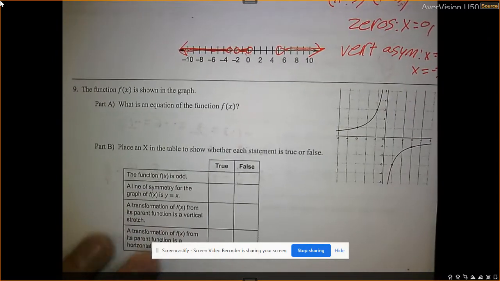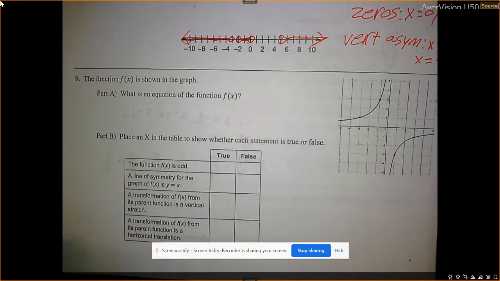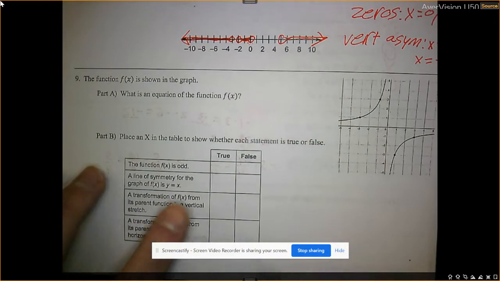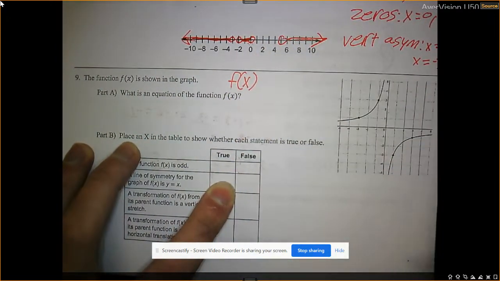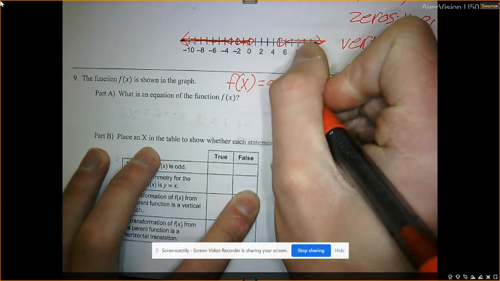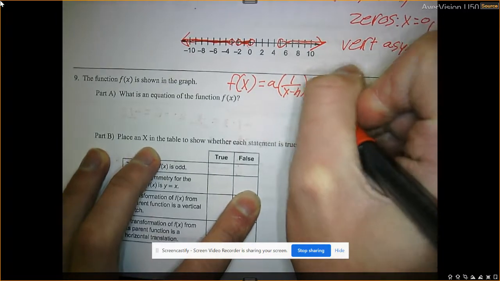Okay, now the function f of x is shown in the graph to the right, and we're trying to figure out the equation. Remember, these types of functions are always represented by this. It's going to look something like this.